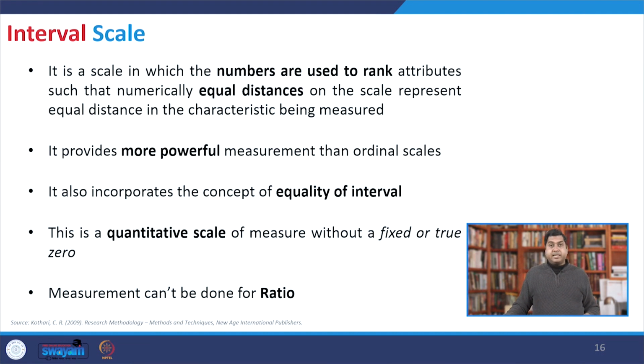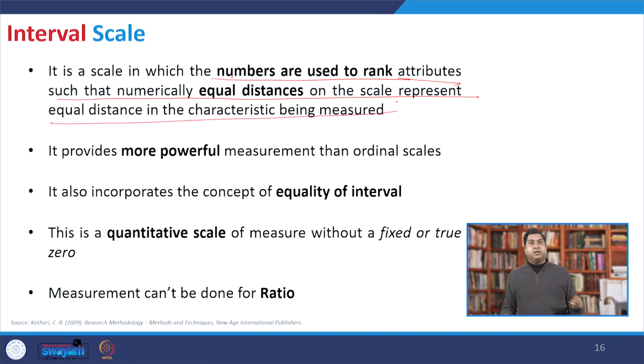Next we have the interval scale. In this scale numbers are used to rank the attribute such that numerically equal distances on the scale represent equal distances of the characteristic. Here we have a measurement between two values.